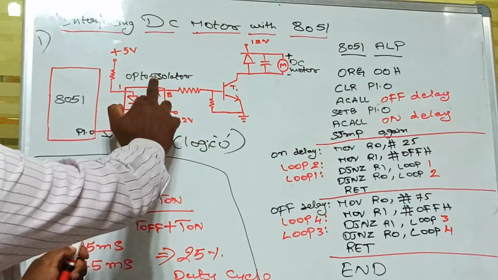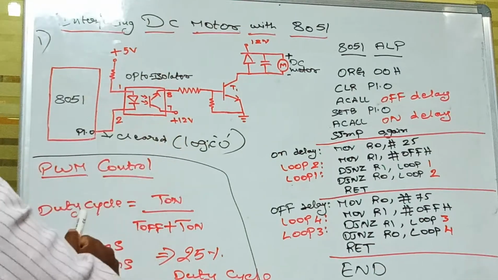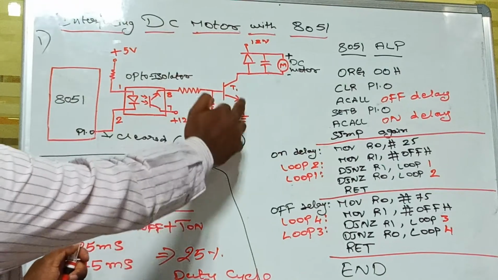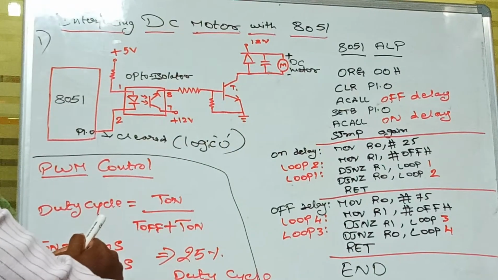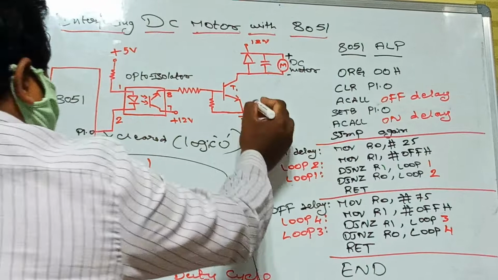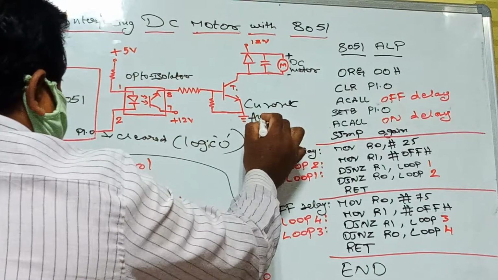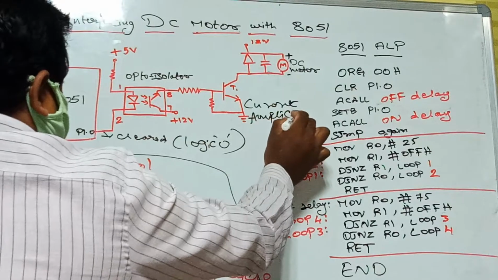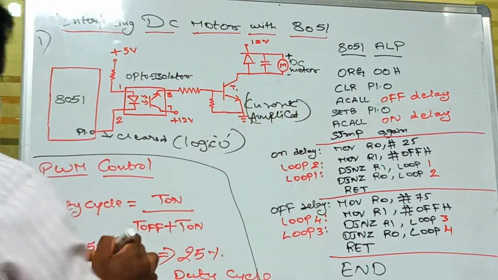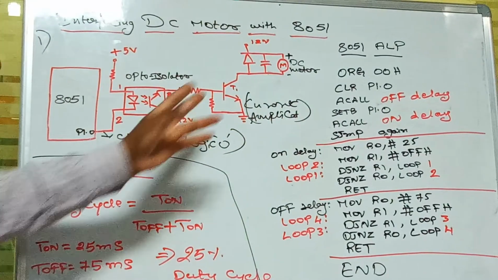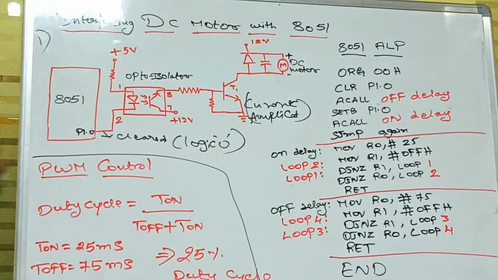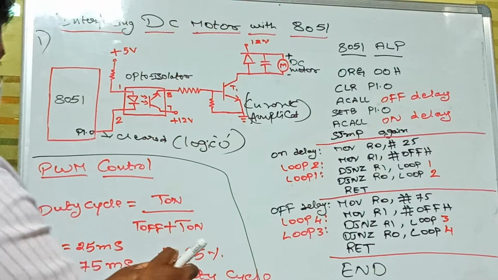The Darlington transistor of the opto isolator is coupled with another transistor T1 and it gets triggered, and this is a current amplification. Finally once that transistor T1 conducts, then automatically the DC motor also starts to conduct with the help of 12 volts of supply.